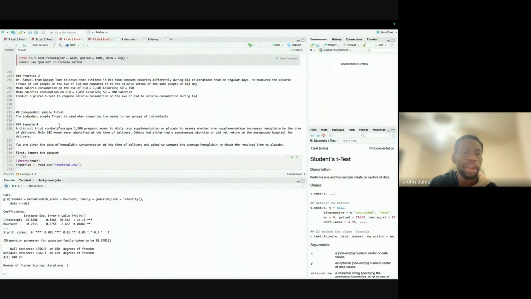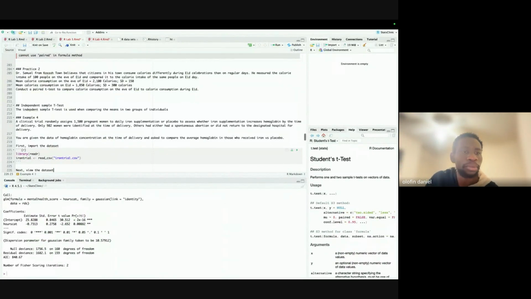So now we have to start with examples. A clinical trial randomly assigned 1,500 pregnant women to daily iron supplements or placebo to assess whether iron supplements increase hemoglobin by the time of delivery.